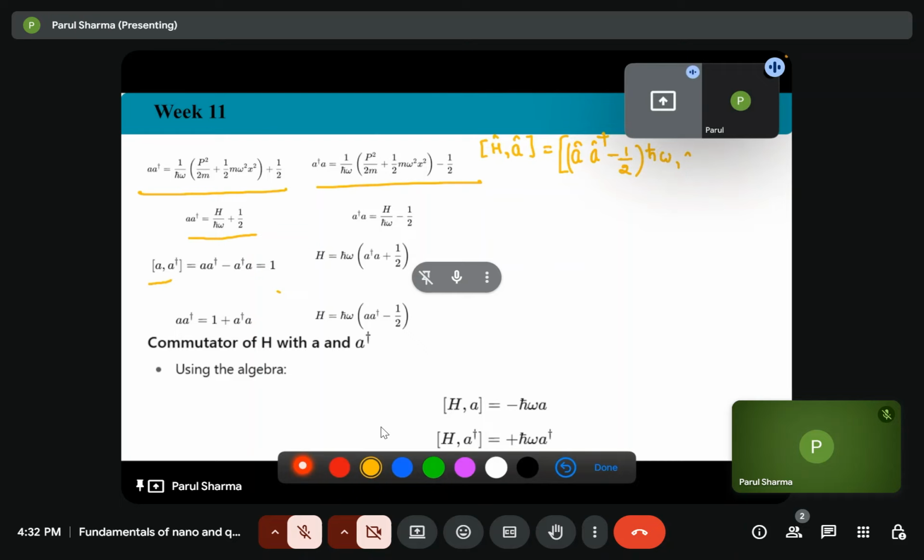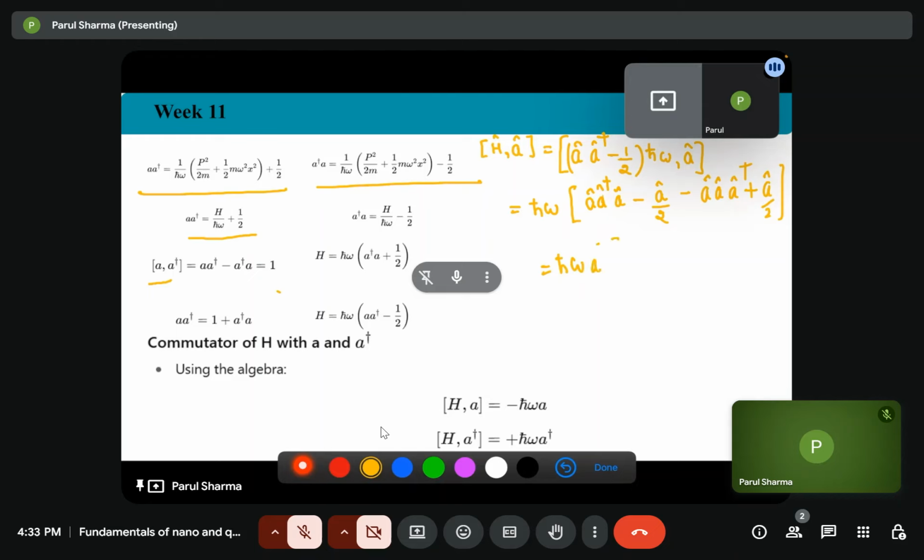H cross omega is a constant, so we can take it outside, and expand the commutator of a dagger a minus a a dagger a plus a by 2. So we will get h cross omega outside.